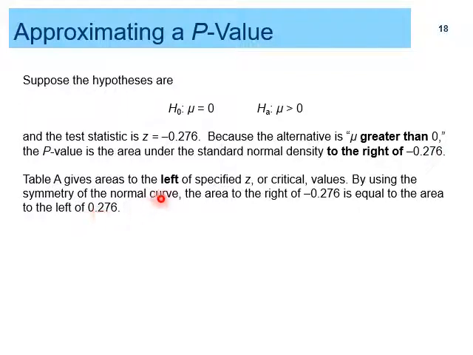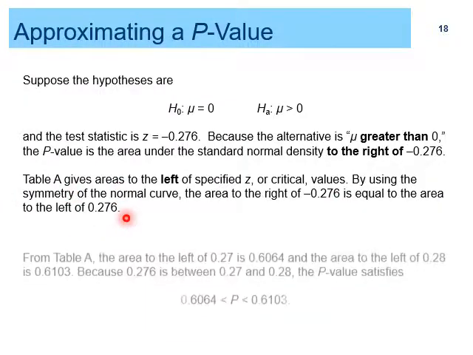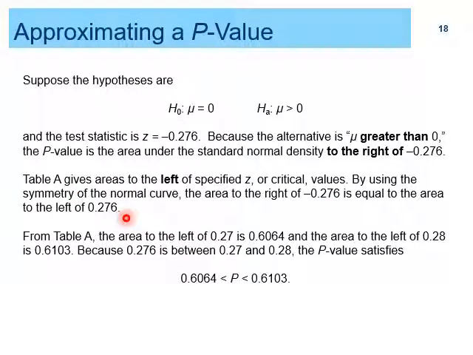Table A gives the area to the left of specified z or critical values. By using the symmetry of the normal curve, the area to the right of minus 0.276 is equal to the area to the left of 0.276. From Table A, the area to the left of 0.27 is 0.6064 and the area to the left of 0.28 is 0.6103.